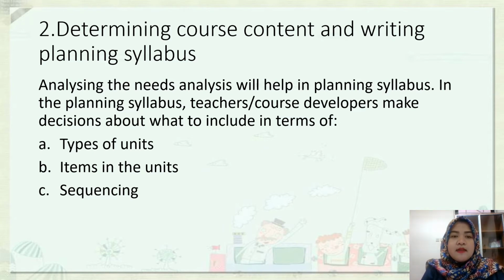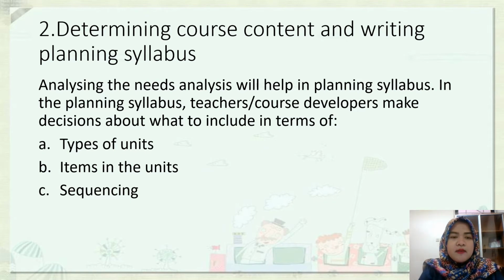And analyzing the needs analysis will help in planning the syllabus. In planning the syllabus, teachers or course developers make decisions about what to include in terms of type of units, such as skills, vocabulary, genres, functions, notions, and disciplinary, professional, or cultural content.